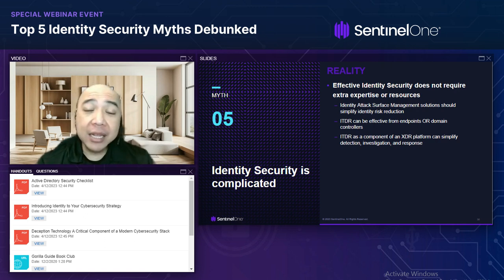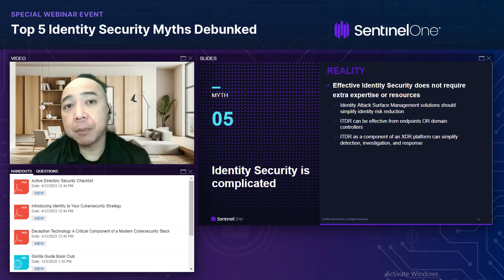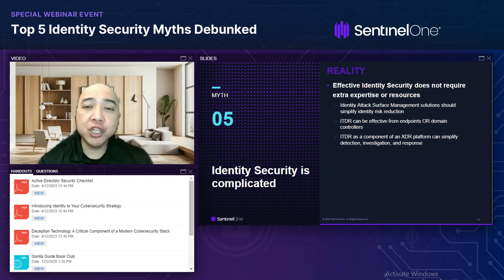There are many different types of identity access management solutions out there, from simple things that will look at your Active Directory to things that will actually remediate exposure. ITDR can be very effective from endpoints or the domain controllers, right? Depending on the solution you get, you can protect your Active Directory domain controllers directly, or you can protect the Active Directory database from the endpoints. And then ITDR, if you incorporate it as a component of XDR, you can simplify detection, investigation, and response. And we'll talk a little bit about that in just a moment.